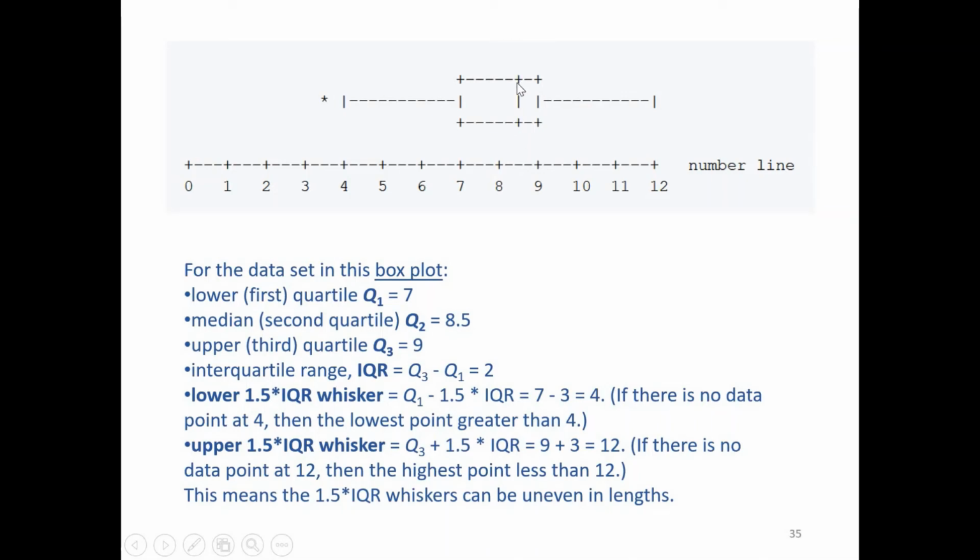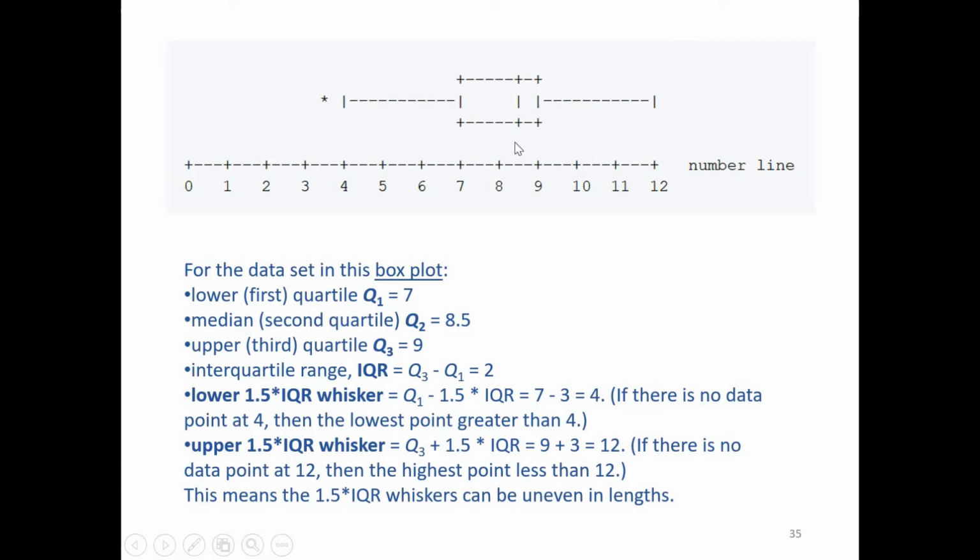The middle line of this box defines the median, which is your 50th percentile, that is your Q2. This particular line defines your 75 percentile, that is your Q3, and these are the whiskers out of it. So the values before 7 are your 25 percentile values, and the values after 9 are your above 75 percentile values.